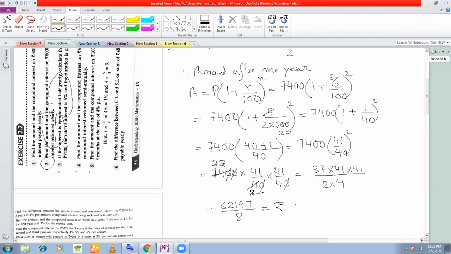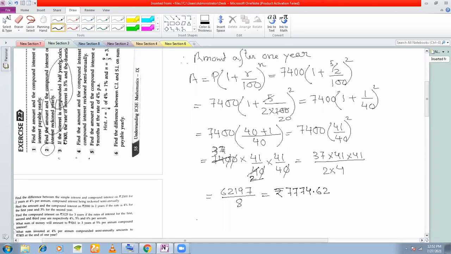So you're getting rupees 7,774.62. This is the amount that you're getting after 1 year. Therefore, compound interest after 1 year is equal to amount minus principal.